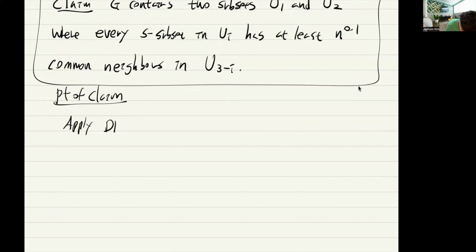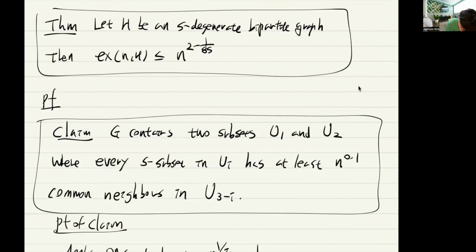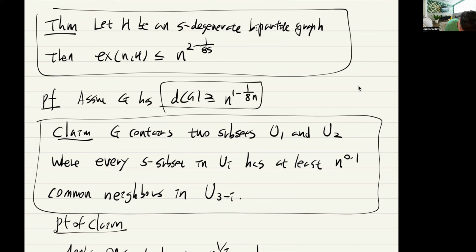So apply dependent random choice with A being n to the half, and assume G has n vertices, and its average degree is at least this.